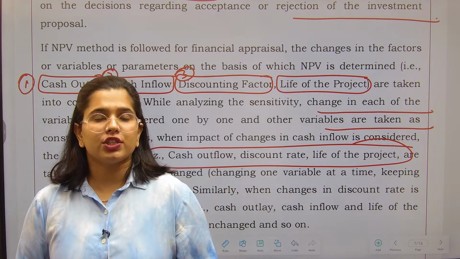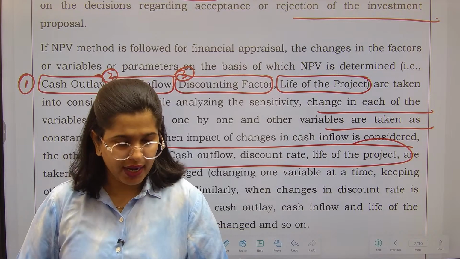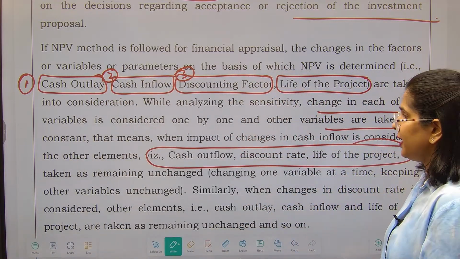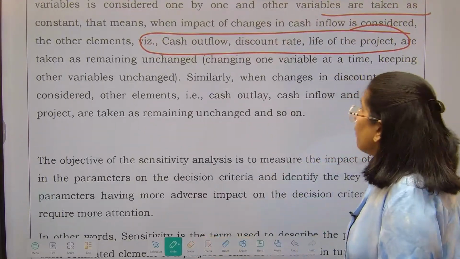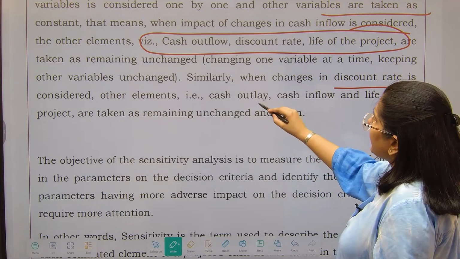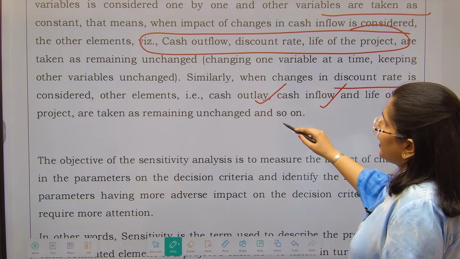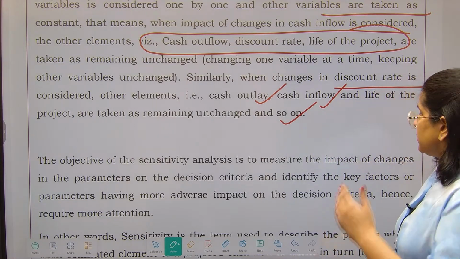How much is your project NPV sensitive to changes in the cash inflow of the project, right? So all such things we are considering in the sensitivity analysis. Similarly, when the change in discount rate is considered, other elements, that is cash outflow, inflow, life of the project, are taken as remaining unchanged and so on, right?